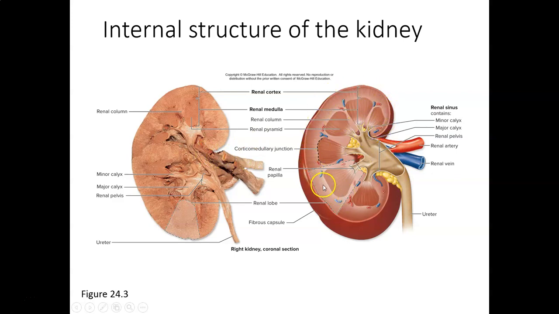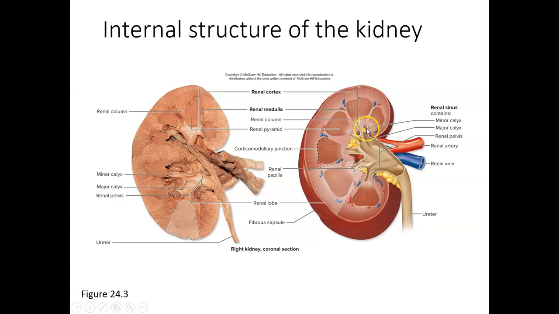You see the cortex of the kidney, this renal cortex, and the medulla is the one that's closer to the center. You can also see the medulla is made out of the renal pyramids. This is a triangle-shaped structure, so it's called renal pyramids because basically the apex of the pyramid is facing the hilum.